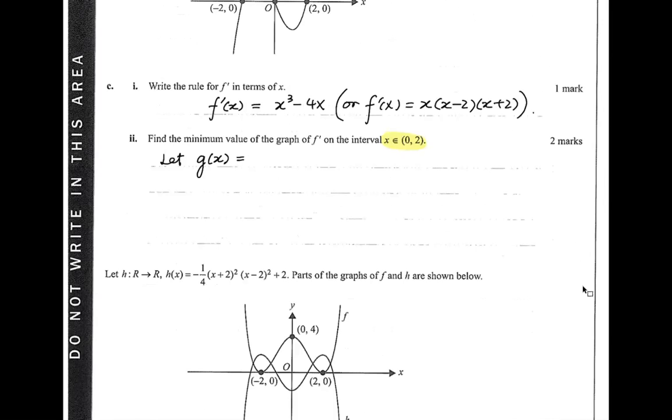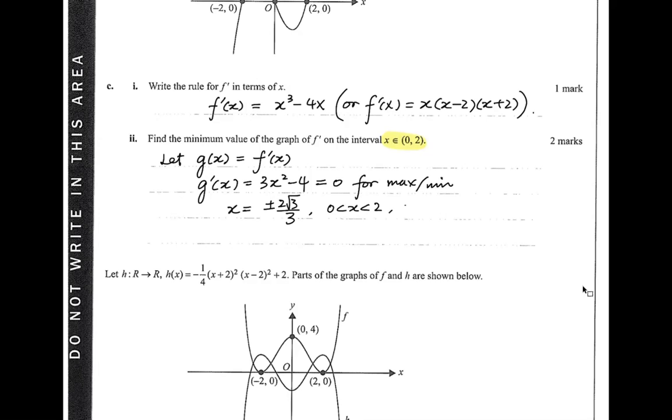G dash of x is 3x squared minus 4, equated to 0 for max or minimum. X will be plus or minus 2 root 3 on 3. Use your CAS calculator, but x goes from 0 to 2. Therefore, x can only be 2 root 3 on 3.